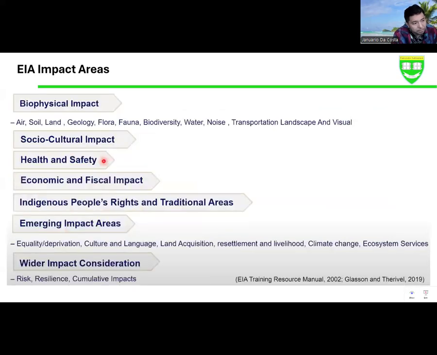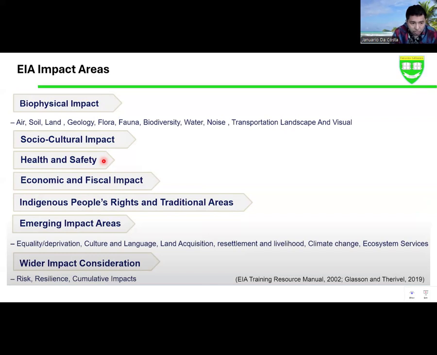Okay, so for example, the impact areas are, for biophysical impact, usually when you talk about biophysical impact, you talk about air, soil, land, geology, flora and fauna, biodiversity, the water, noise, transportation, landscape, and the visual or aesthetic of the land.